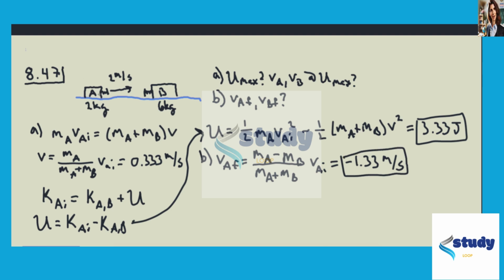Because if this had a larger mass, then it would be able to impart enough momentum to B that B would shoot off at a faster speed and A would continue going in the direction it started in. And this looks very similar, except A and B are interchanged everywhere.